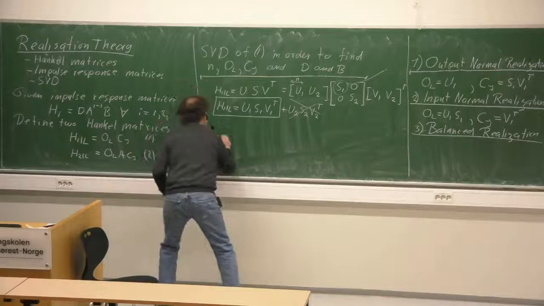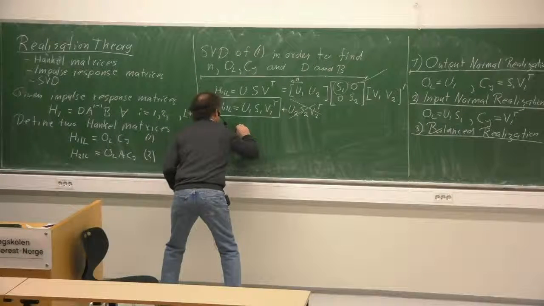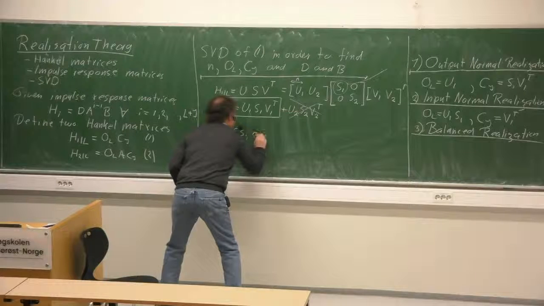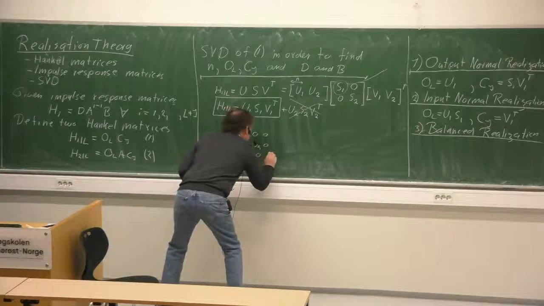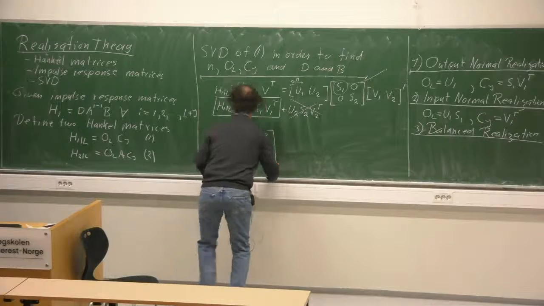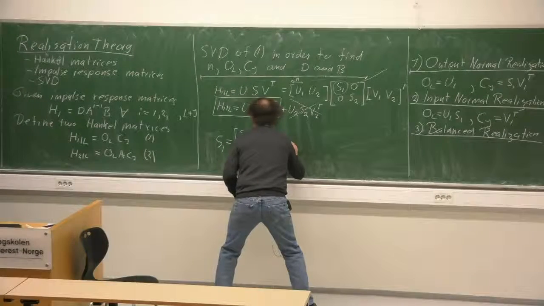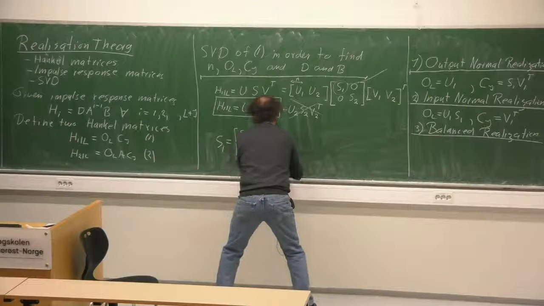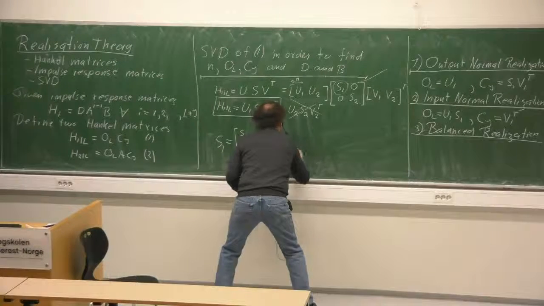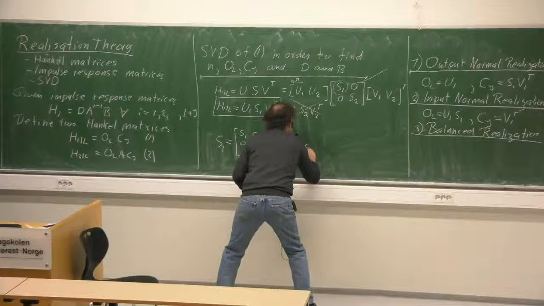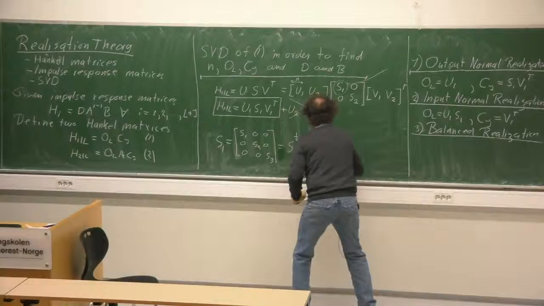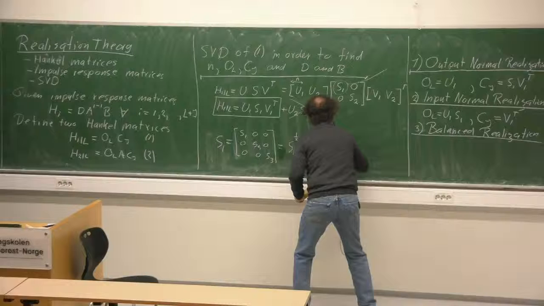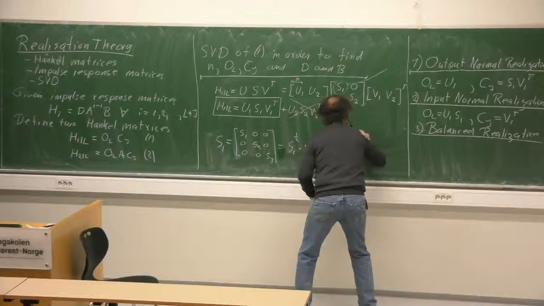Thinking about this S1, if there are 3 singular values, say, then the matrix looks like follows: 0, 0, S3. Then we can put this one equal to S1 to the power of 1/2 times S1 to the power of 1/2, the square root, where S1 to the 1/2 is simply a matrix like this.